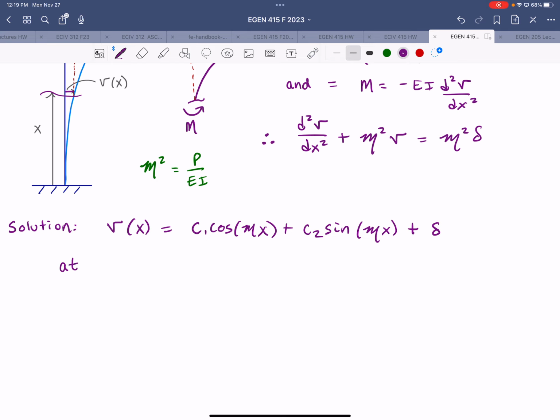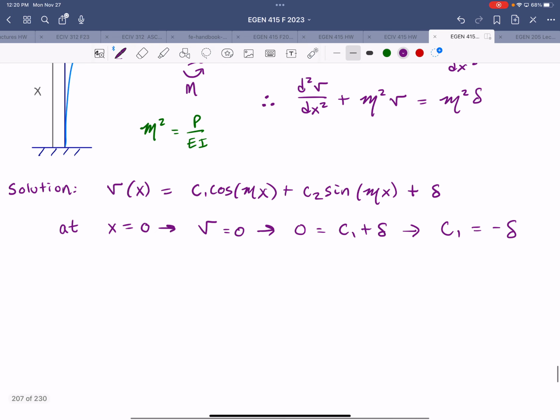Now our boundary conditions come from the support at the fixed end. So at x equals 0, we know deflection is equal to 0. So plugging that in, we get 0 is equal to C1 plus delta. So we know C1 is equal to negative delta. And then at x equals 0, we also have a 0 slope.